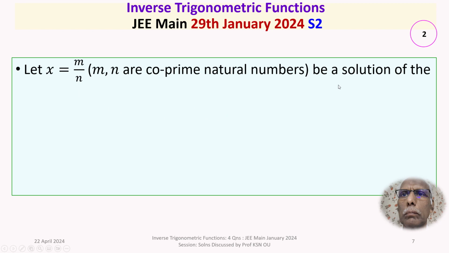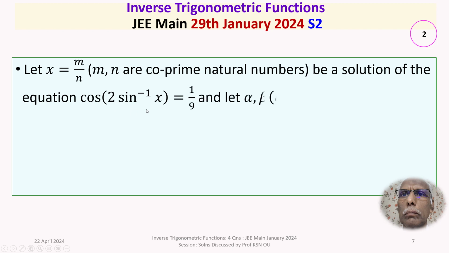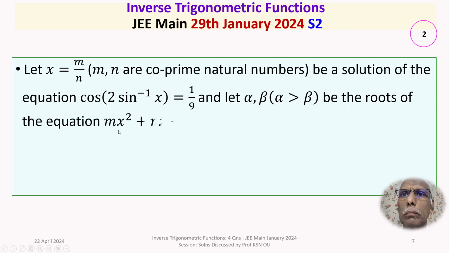And x is given to be a solution of this trigonometric equation, cos of 2 sine inverse x is equal to 1 by 9, and let alpha, beta, alpha greater than beta, be the roots of the equation mx square plus nx minus m plus n is equal to 0. So you are given x is a solution of this trigonometric equation, and alpha, beta, alpha greater than beta, are the roots of the quadratic equation written with those m and n.